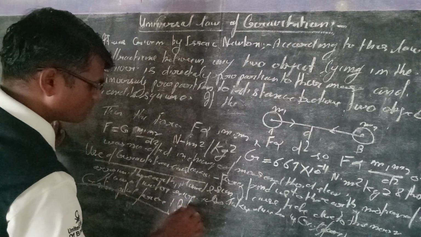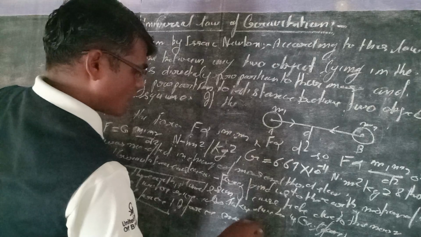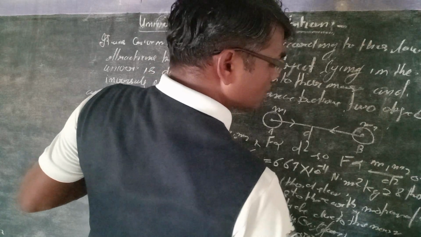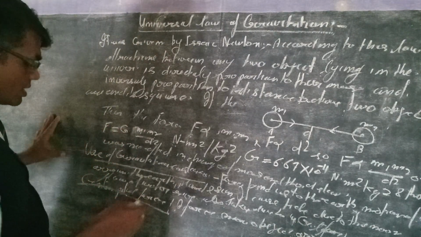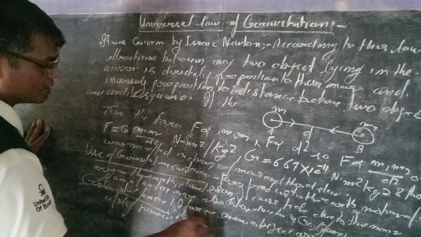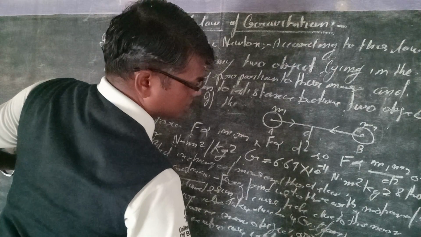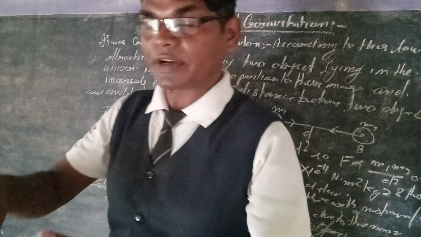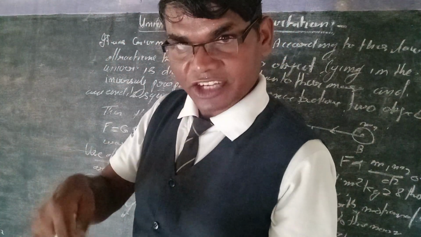A force that moves an object around a circular path, applied towards its center, is called centripetal force. With this force each object revolves around the object surrounding it.